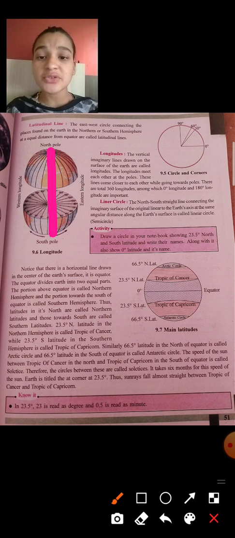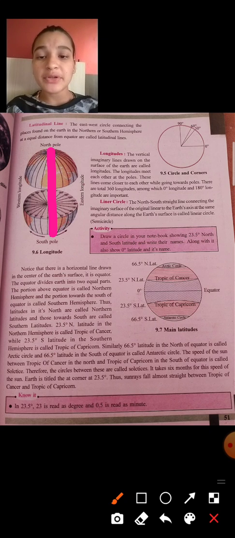A straight line connecting the imaginary line drawn on the pole, as we have seen, and it matches the earth. Then only it is called a meridian circle. The same distance should be there up to north and south, and it should match the earth's surface. That is called a meridian circle.